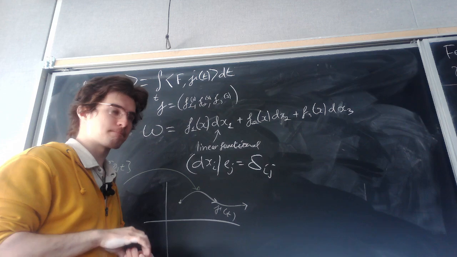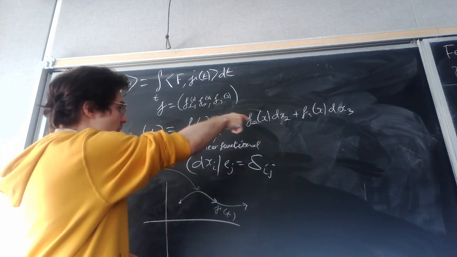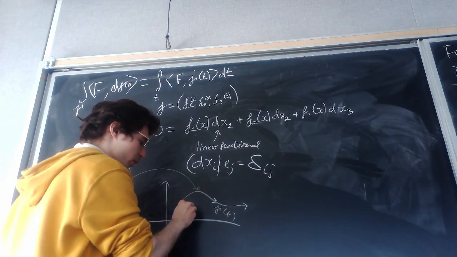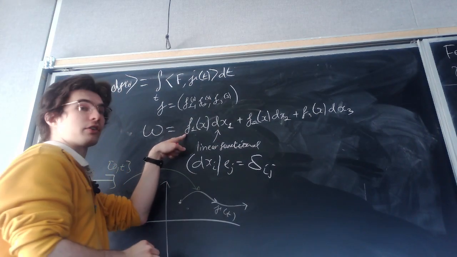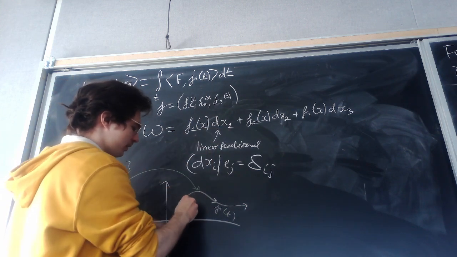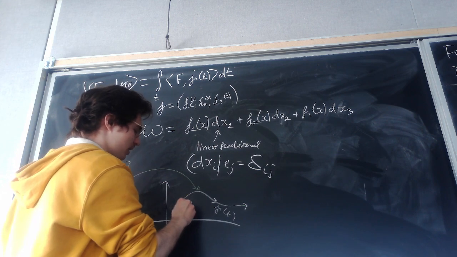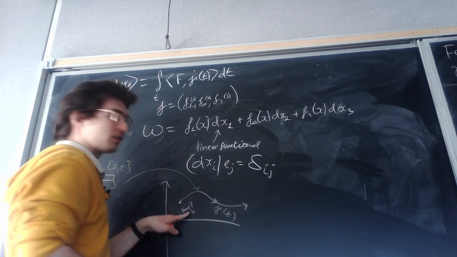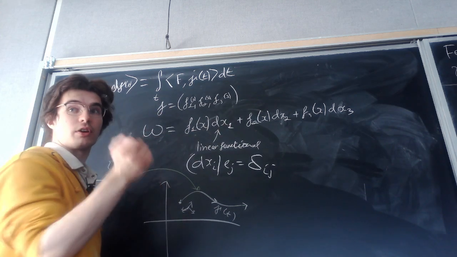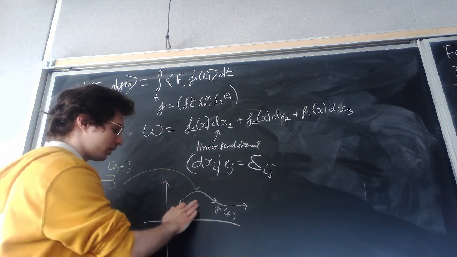Because right now, this linear functional is defined on all of R3, so at every point I have some linear functional defined. At every point, this linear functional can take as input this vector, this vector, this vector, and so on. It can take any vector as input in all of R2 or R3. I'm drawing a picture in R2.